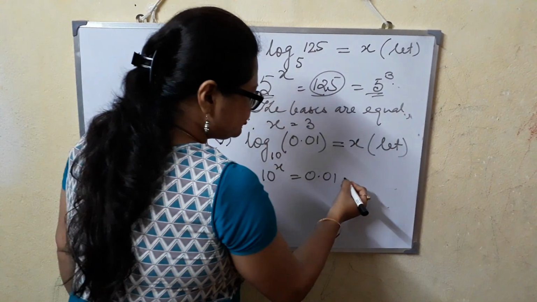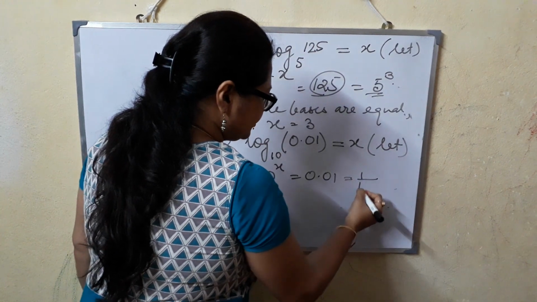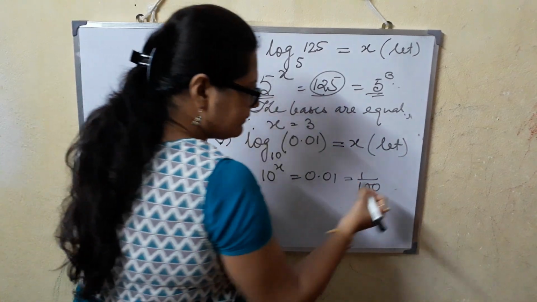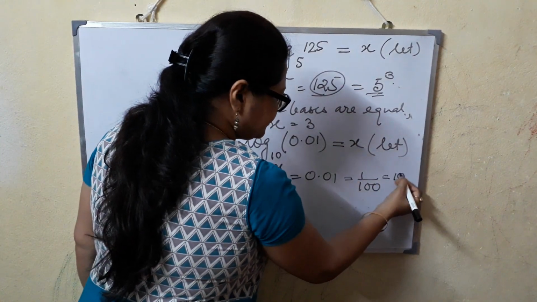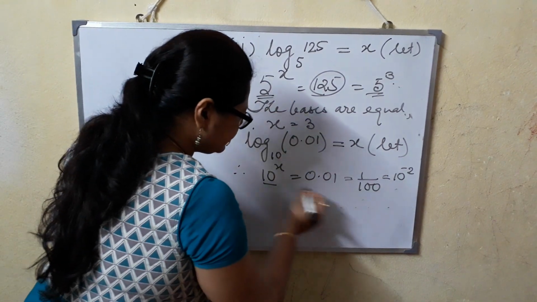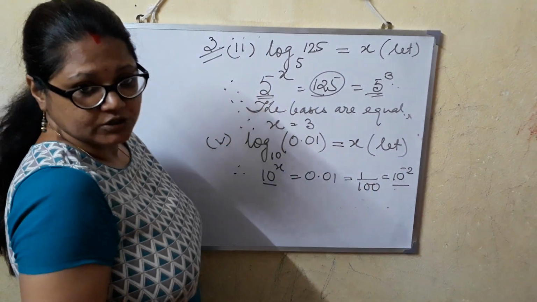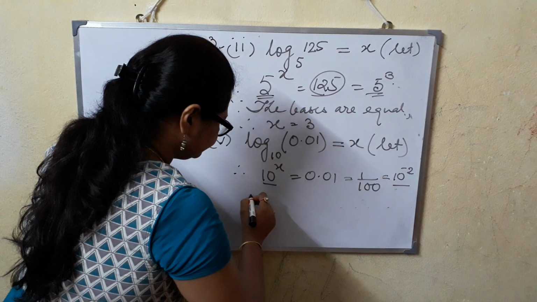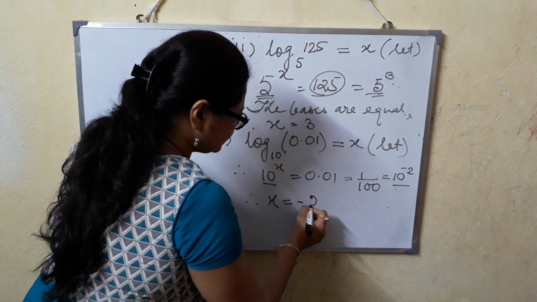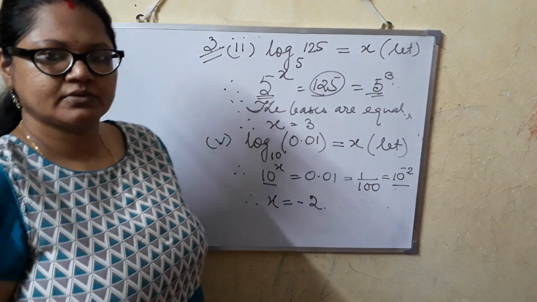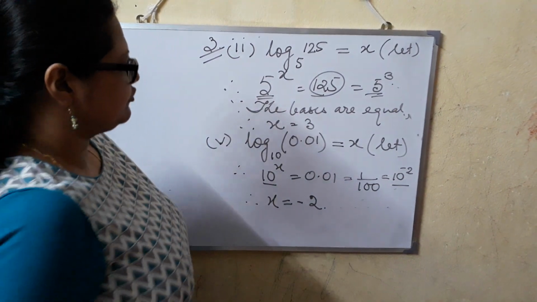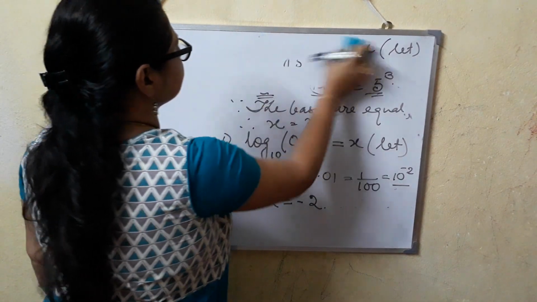Now 0.01 I can write it to be 1 by 100. Okay. Now 1 by 100 means 10 to the power of minus 2. Now see, once again both the bases are equal. So if the bases are equal, I can write therefore x is equal to minus 2. Is it clear? Okay. So let's move on to the next sums.